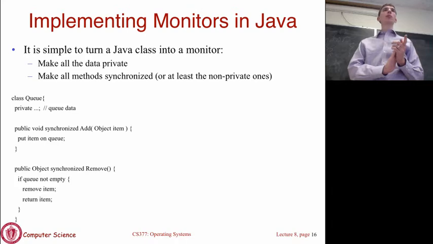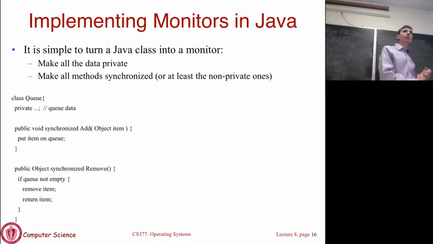Yeah. If you're waiting for something to be added, it's currently locked on the data. Right, great. So remember, we have this monitor lock in here. And whenever a thread is executing in one of these methods, you're holding the lock. So if you're in remove and you essentially want to go to sleep, you're still holding the lock.